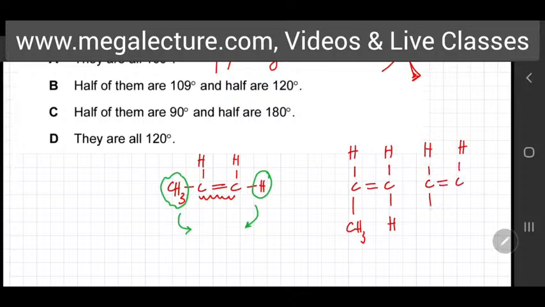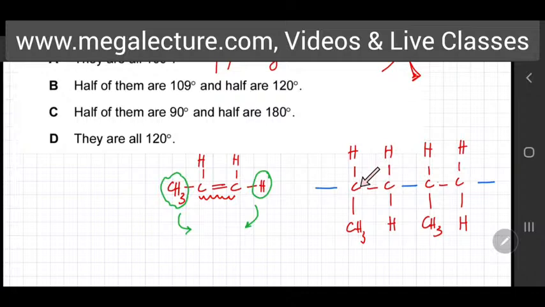I'm just drawing two, but there would be thousands of them. The double bonds will react and break. So this double bond will go away, and similarly this double bond will also go away, and they would end up forming linkages between themselves, and that's what a polypropene molecule would look like.